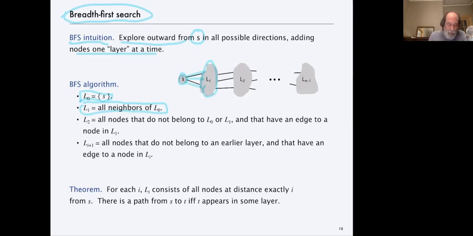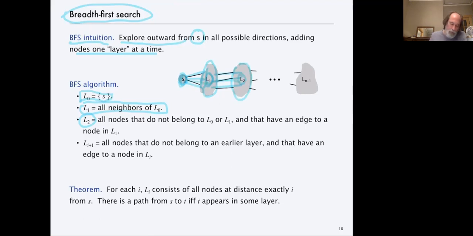Okay, and then for layer 2, what do we take? We take all nodes that are neighbors of a node in L1, but excluding the ones that are already in L0 or L1. Okay, and those form layer 2, and those are nodes at distance 2 from S; the shortest path from S is of length 2.